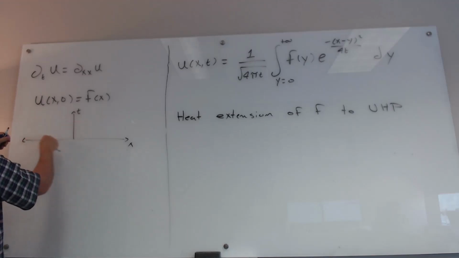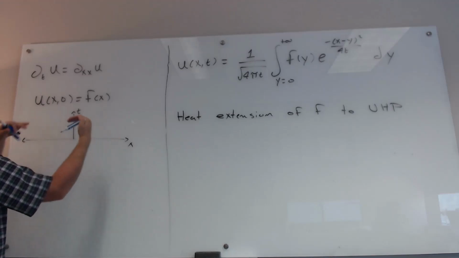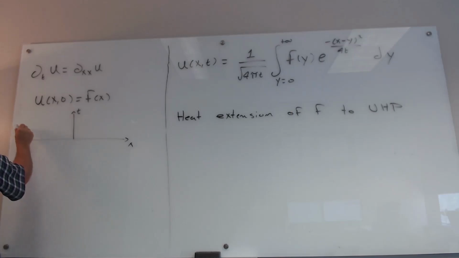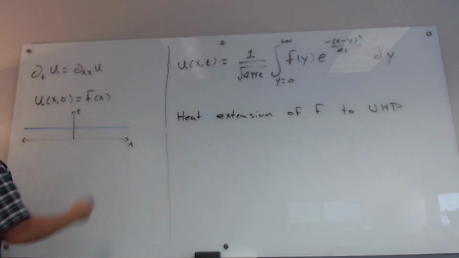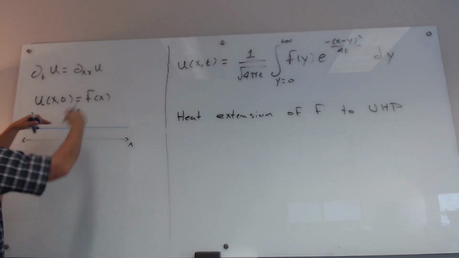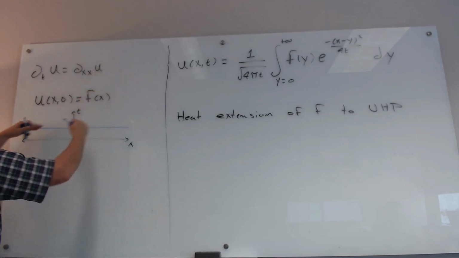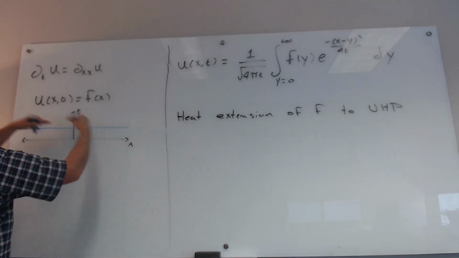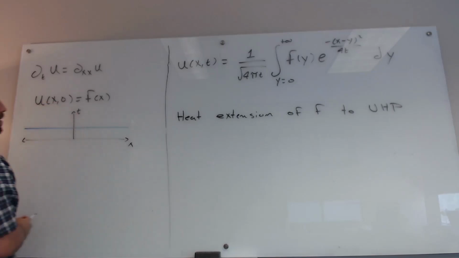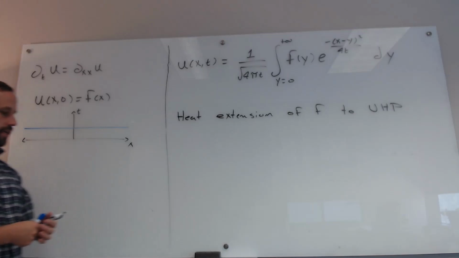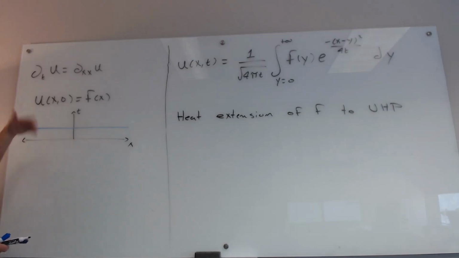The graph of f along x comes out of the board, and for any fixed value of t, this function u(x,t) is the temperature profile, or whatever u is measuring, at that value of t. So it takes a function that's initially only defined on the real line and gives you a function defined not on the whole plane, but on the upper half plane, that is, for t greater than 0.